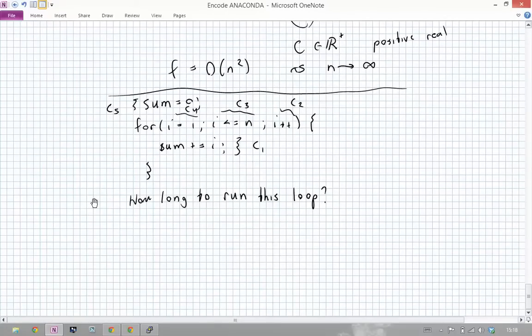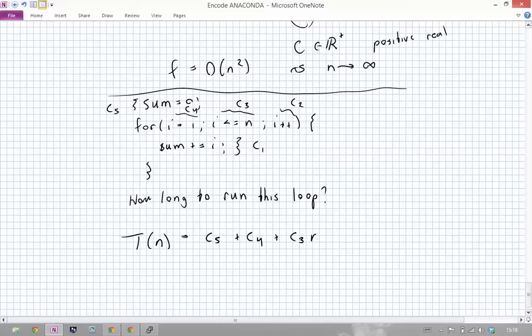Now, how many times does C5 happen? So we'll get the total running time here as a function of n. The total running time is 1 C5. How many times does C4 happen? How many times does C3 happen? N?